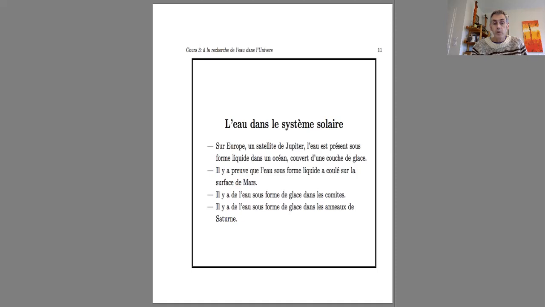Well, in our solar system, there's liquid water in one of the moons of Jupiter. The moon Europa has a large ocean with liquid water. It's covered by a layer of ice, but under this layer of ice is a liquid ocean.